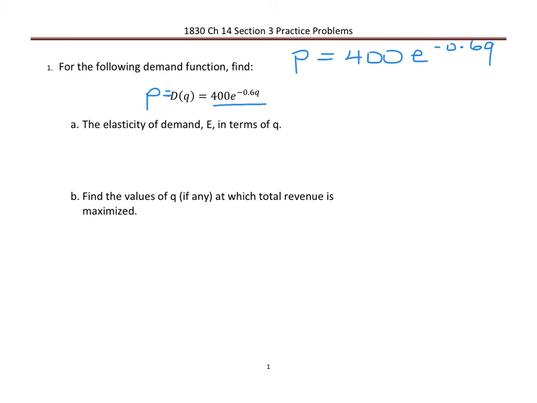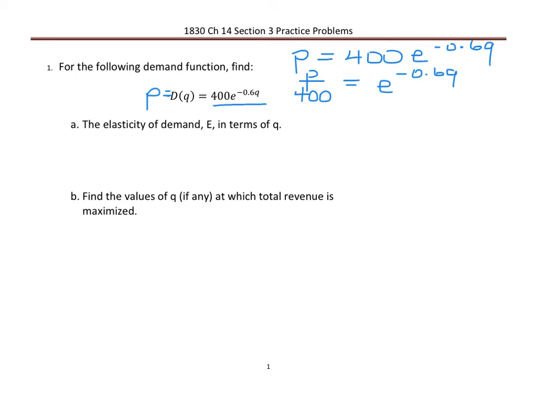So the first thing we need to do is divide both sides by 400, and that gives us p over 400 is equal to e to the negative 0.6 q.